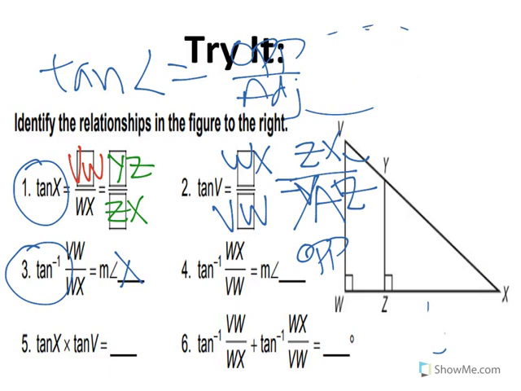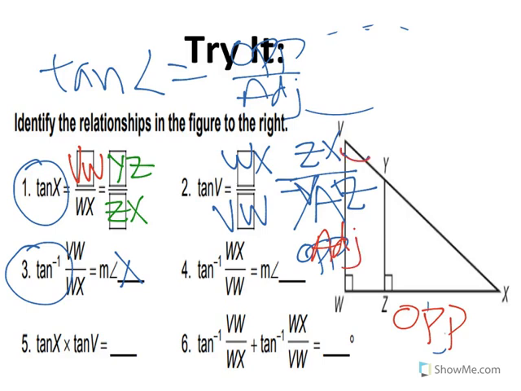Okay, let's try our next one. For number 4, tangent inverse of WX over VW. WX becomes your opposite, and this is your adjacent.